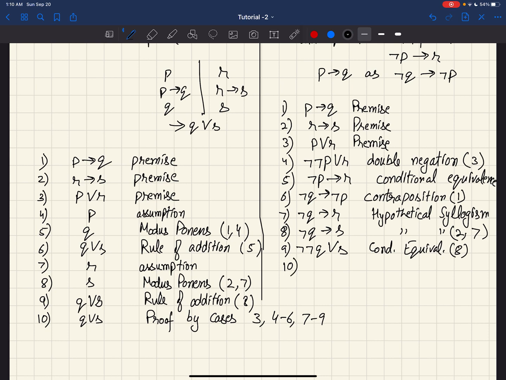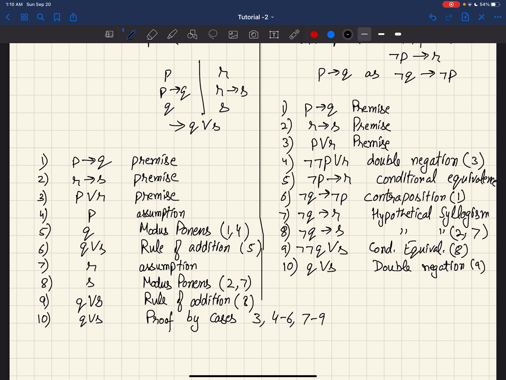Here our final step is this, removing the double negation. And this would give us Q or S.